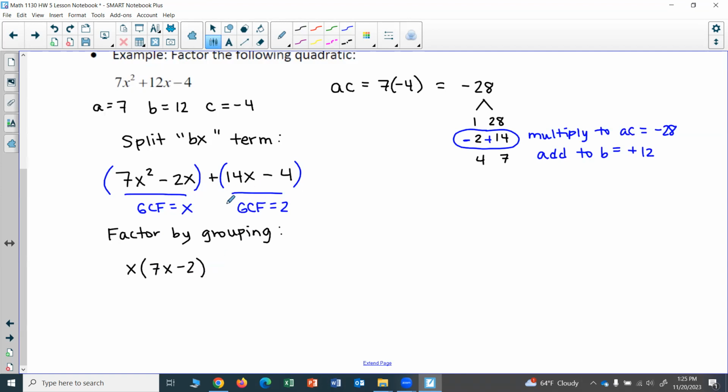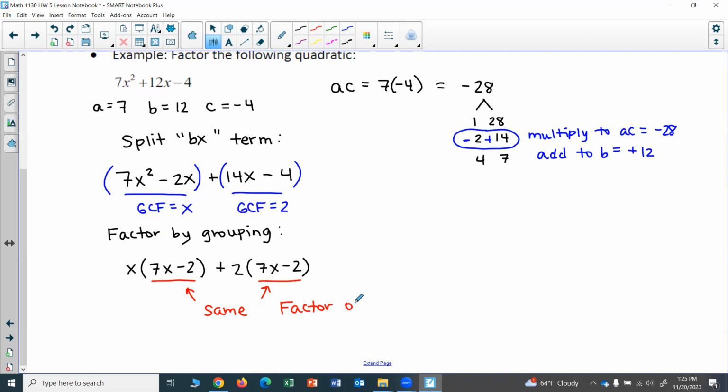Now I'll pull out the GCF from the second group, pull out a plus 2, and in parentheses, I get 7x minus 2. Now we looked at factoring by grouping in a previous video, and the key is that your two things in parentheses, once you've factored out the GCF of each group, these two have to be the same. And then you'll factor out whatever's in parentheses.